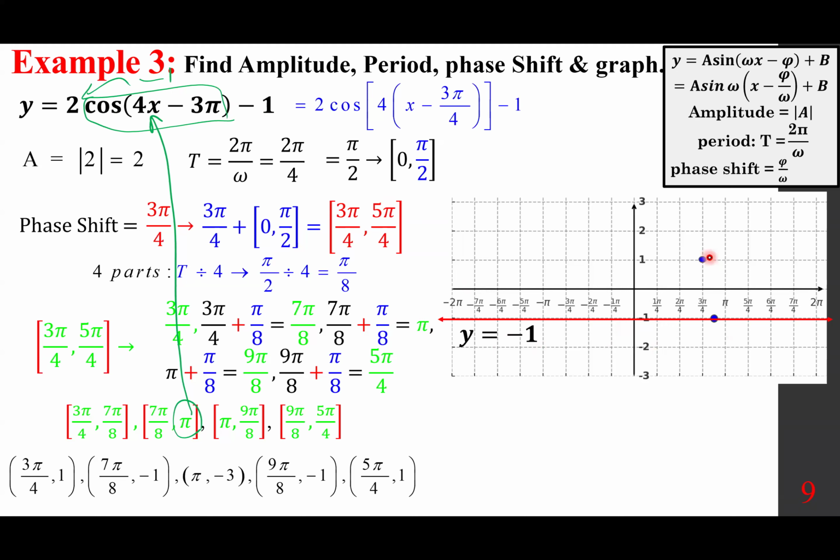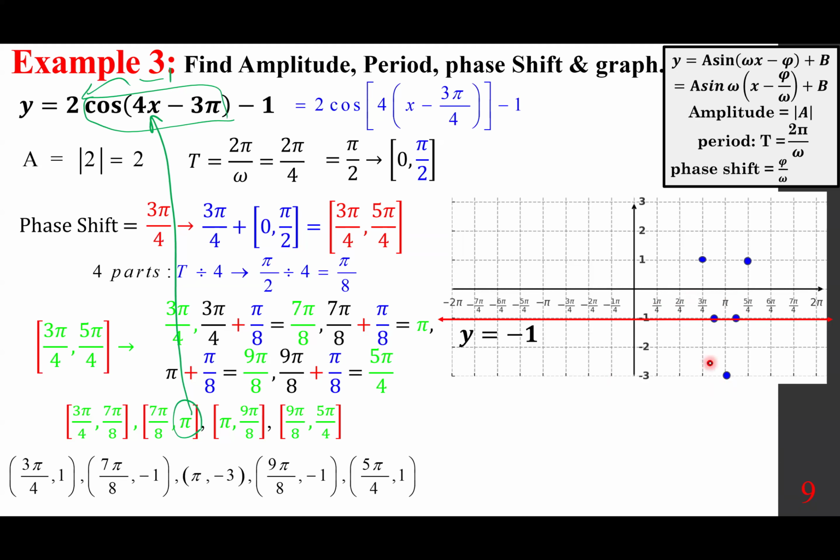7 pi over 8, minus 1. This is 1, 2, 3. This is negative 1, negative 2, negative 3. And this is pi over 4, 2 pi over 4, 3, or pi over 2, and so forth. Pi, negative 3, 9 pi over 8, minus 1, and 5 pi over 4, positive 1.